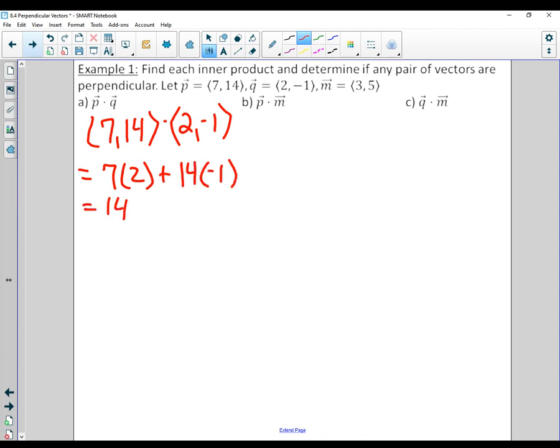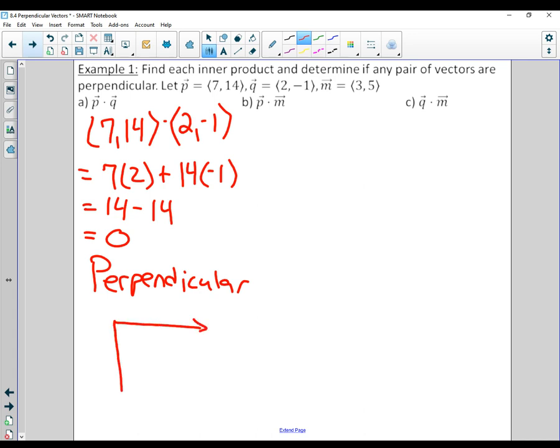Oh, hey, that's 14 minus 14. That's 0. What does that mean? They are perpendicular. Oh, just a reminder, perpendicular means that they make like a little right angle here.